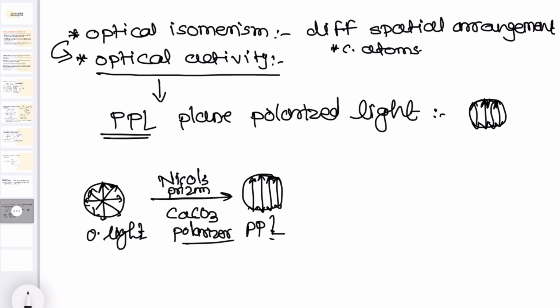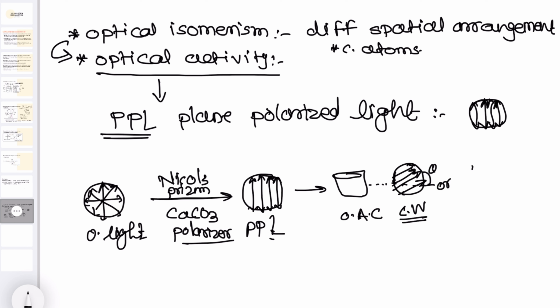Suppose we put a sample containing an optically active compound in the path of plane polarized light. Then what happens? The plane polarized light rotates either towards the clockwise direction or towards the anti-clockwise direction.